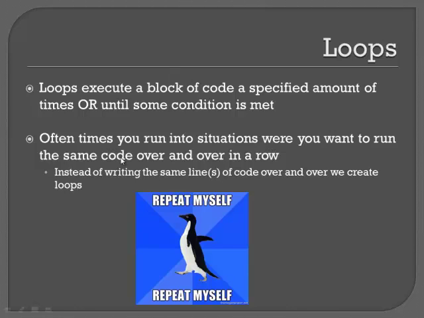So a lot of times you'll run into instances where you want to run basically the same block of code over and over and over again. And so instead of writing the same lines and copying and pasting and going down and killing your hand and your keyboard, all you do is you create a loop statement and say, okay, I want this block of code to be run 100 times.